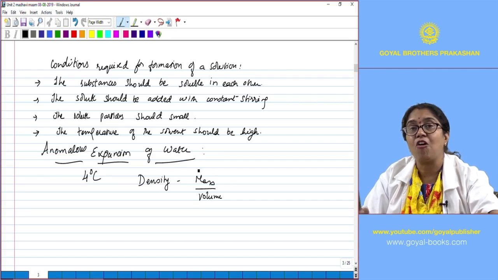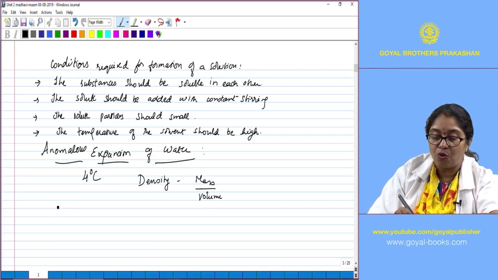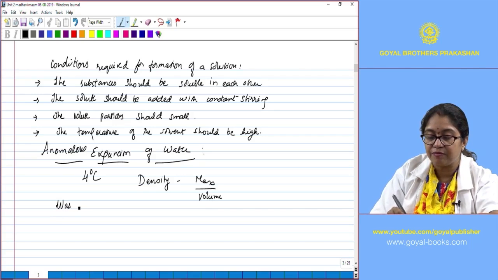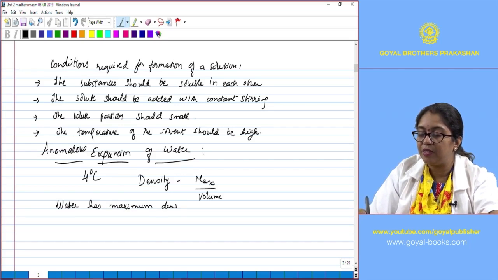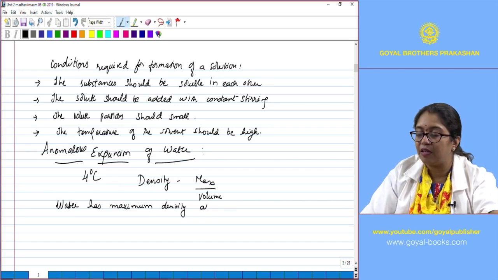It is because of this reason, children, water has maximum density, of 1 gram per centimeter cube at 4 degrees Celsius. So water has maximum density at 4 degrees Celsius.